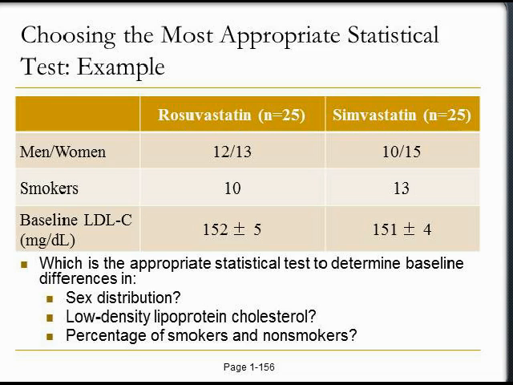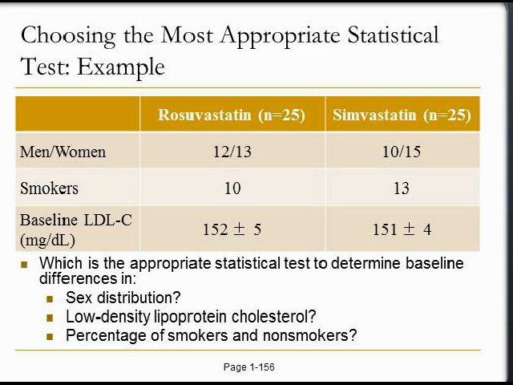And then lastly, the baseline LDL concentrations. This would be a mean and a standard deviation to compare between the two groups. So as is perhaps intuitive, the first two would be proportions or percentages that we'd be comparing between these groups. 12 out of 25 versus 13 out of 25 versus the same percentage in that other group.